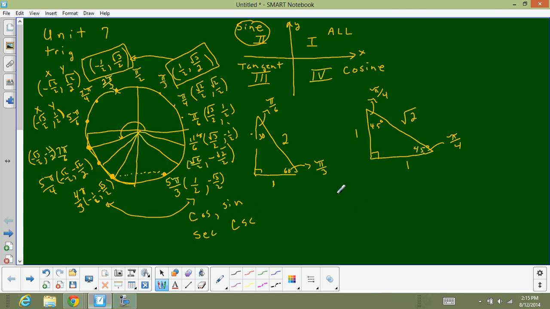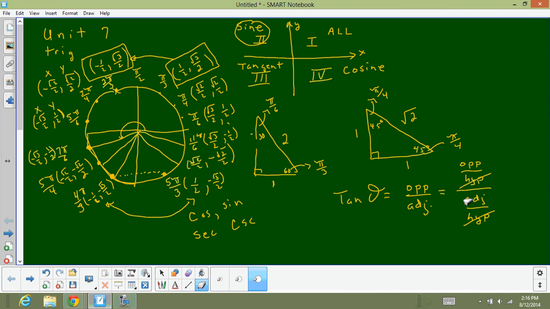Well, remember, the definition of the tangent of an angle is the ratio of the opposite leg to the adjacent leg in a right triangle. Well, if we look at the sine ratio, which is opposite over hypotenuse, and cosine is adjacent leg over hypotenuse, we can see that all we need to do to determine the tangent, if you're going to use this model, is you just divide whatever your sine ratio is by whatever your cosine ratio is.